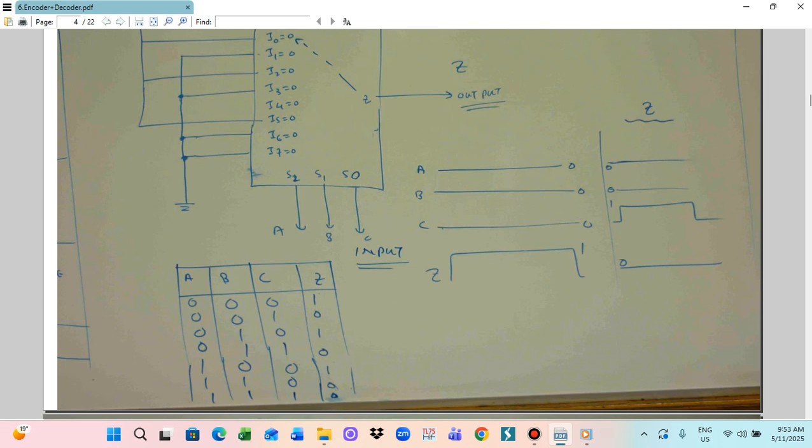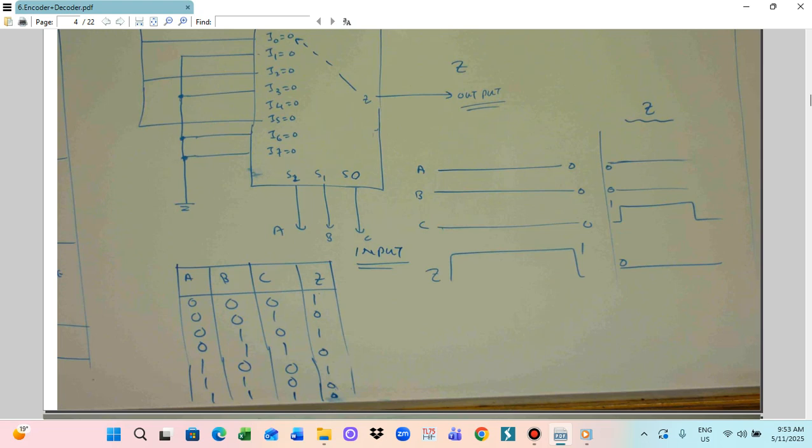This is the truth table. A, B, C is our input line, and Z will be the output line. The combination of data: A0, B0, C0, Z will be 1. A0, B0, C1, Z will be 0. A0, B1, C0, Z will be 1.